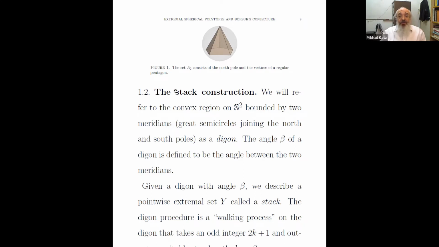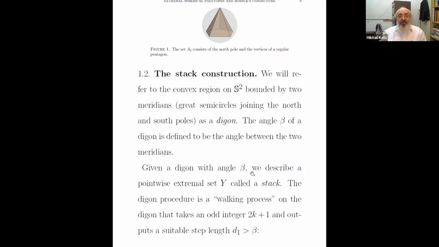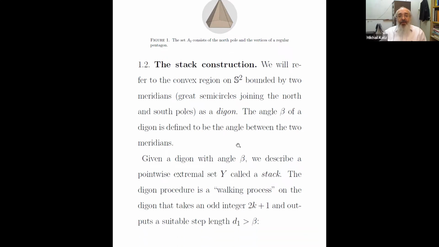Okay, so now here's a more interesting construction, a stack construction that we'll be able to use to generate new examples. We start with a digon, which is a spherical lobe with an angle beta at the top. And then we build a stack. The procedure is that we use a certain distance and start walking on the sphere. So again, what is a digon?